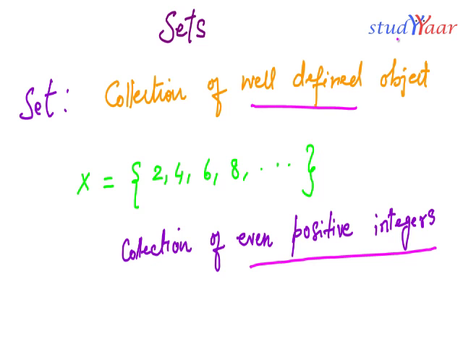I am ensuring that there is no room for any doubt. If I take a number, let's suppose 7, whether it is a part of this set or not, because I say it is even and it is positive. But 7 is odd, therefore I say 7 is not an element of this set.